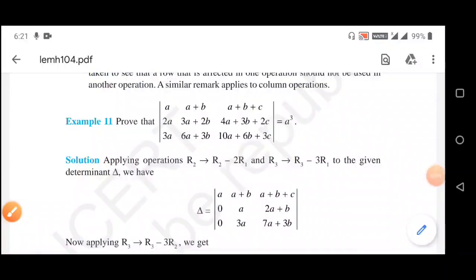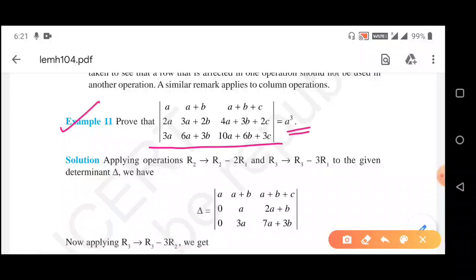Now come to example 11. In example 11 it is given, prove that this determinant is equal to A cube. Now we will apply the properties in this determinant to get A cube. First of all, our intention is to make the elements 0 so that our calculation will be easier. So how can we make this element 0?